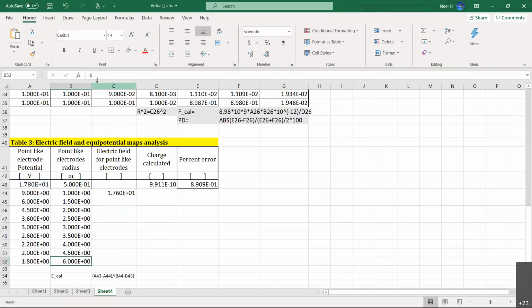Yeah, this should be 5. Each difference should be only about 0.5 meters, correct? It should be 5. So this is the function for E calc. Okay, good.